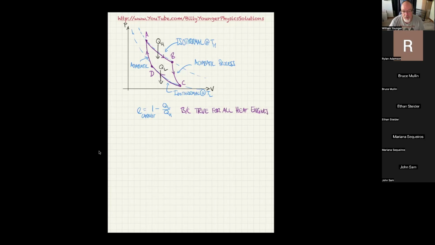Now, the other thing to realize is that if it's a reversible process, then something else is kind of nice. A reversible process implies delta S, the change in entropy, equals 0.